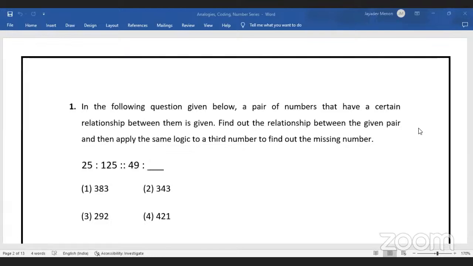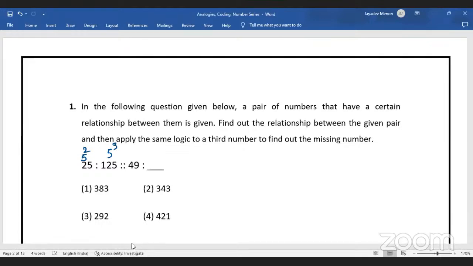Yes, very good, Amala, Kavya, Abhirami, George, Andhra. 343 is correct. Very good. So here the given pair is 25 and 125. What is the relation between them? Actually, 25 is 5 square. 125 is 5 cube.